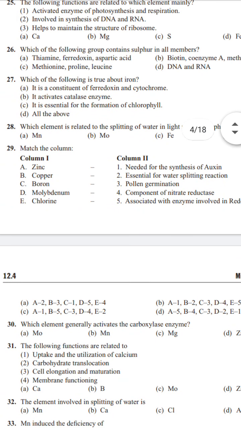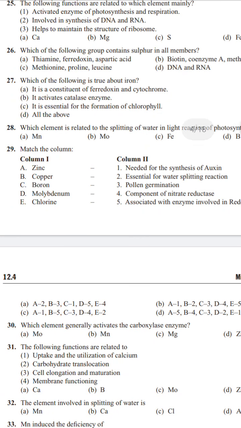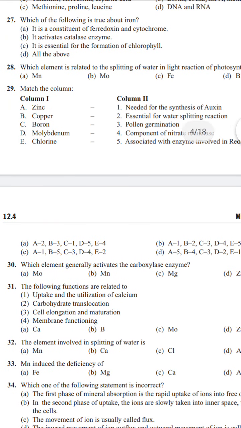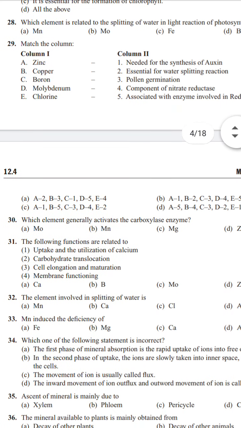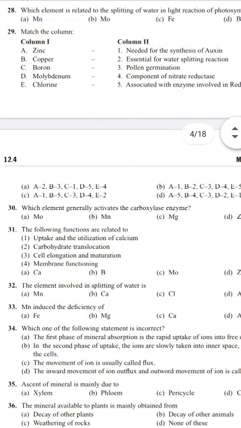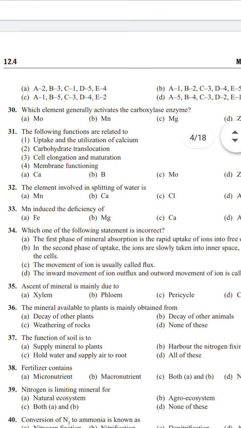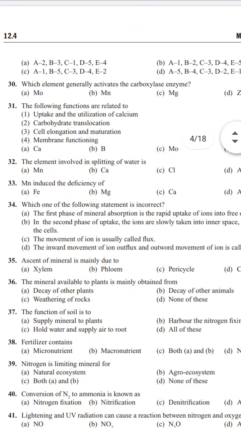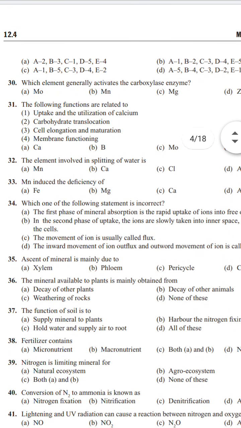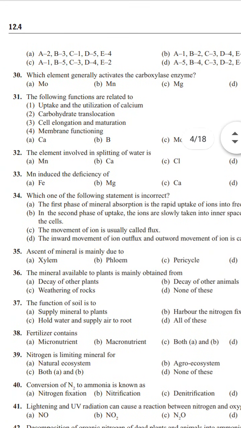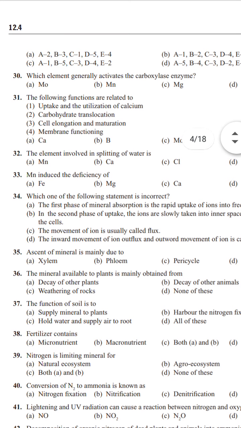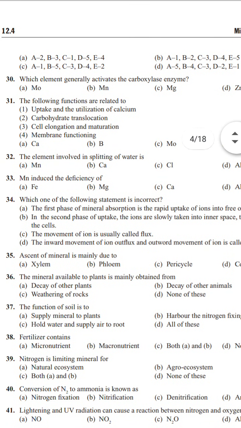Now students, let us discuss another important question. 30th question. The element that generally activates the carboxylase enzyme. Option A, Mo, option B, Mn, option C, Mg and option D, Zn. So for this question the correct answer is option D, Zn.